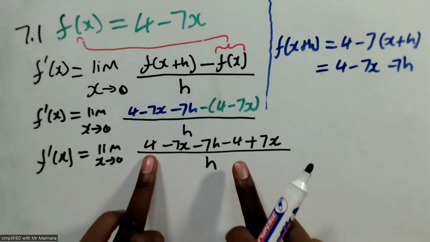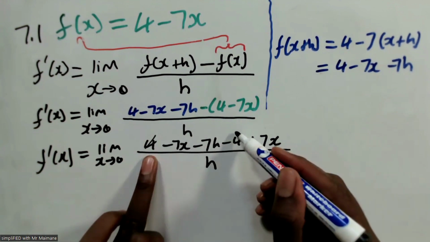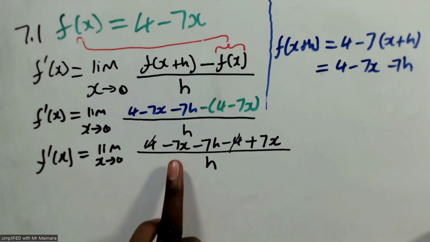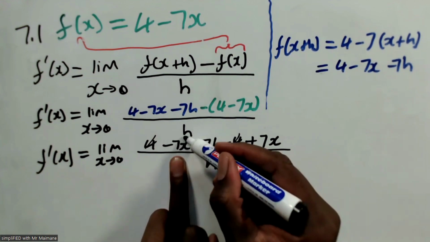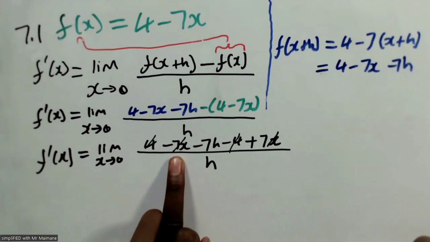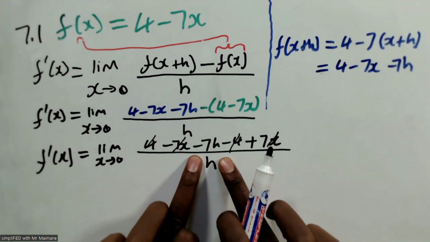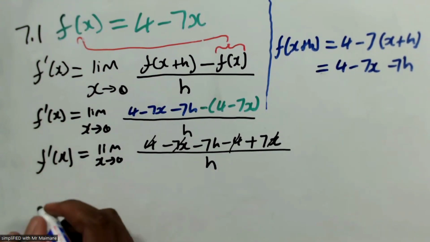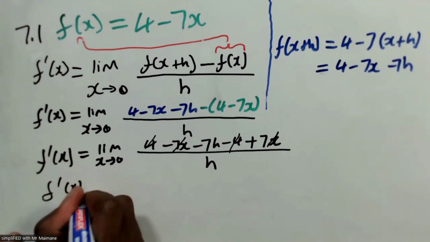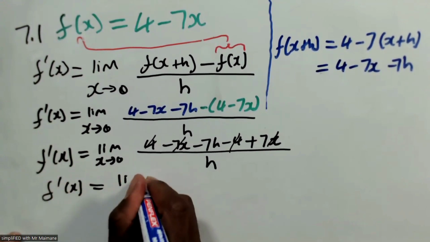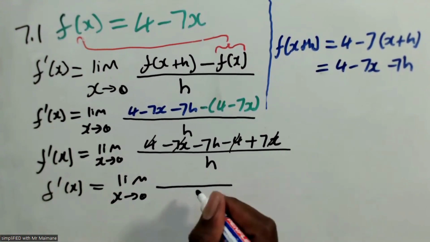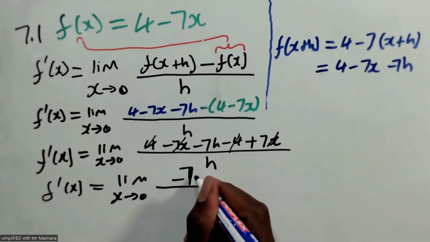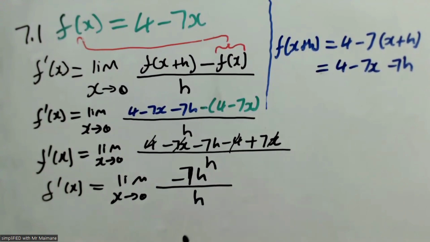So 4 minus 4, this and this will cancel. It will give me 0. Also, minus 7x plus 7x, this and this will cancel. It will give me 0. And then I'm only left with minus 7h over h. Therefore, f prime x is equal to the limit of h approaches 0 of minus 7h over h.